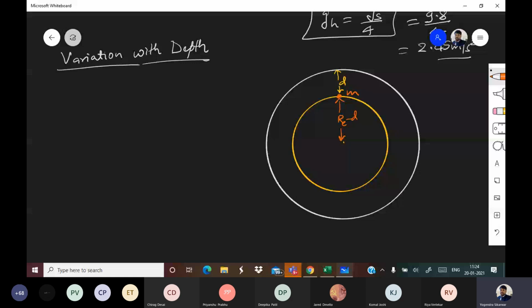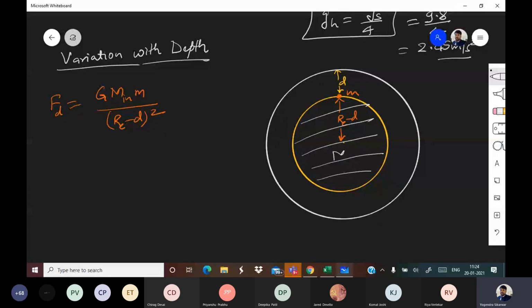So F_d, this time, will be G M_in into small m upon (R_E minus d) whole square. Try to understand. M_in is basically the mass which is inside this. The mass which is outside will not be exerting any force on small m, right? So the question arises, how much is the value of M_in? M_in will be nothing but density into volume.